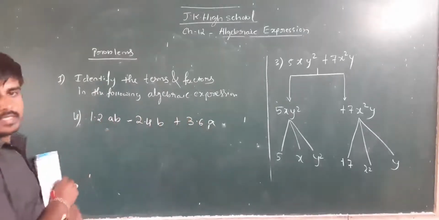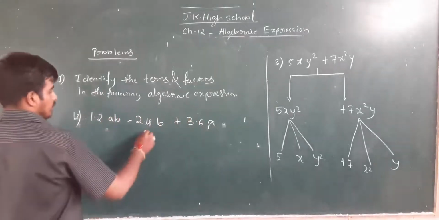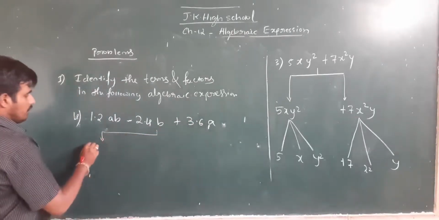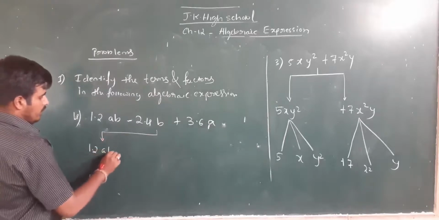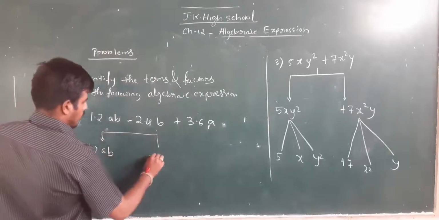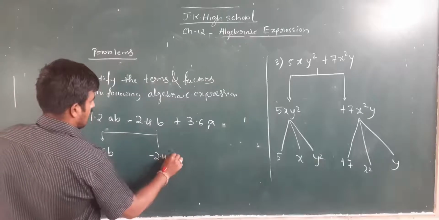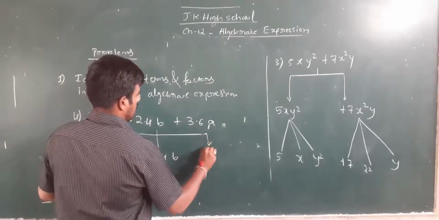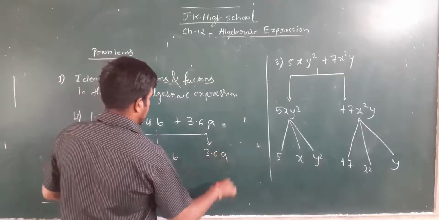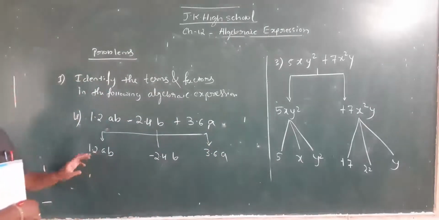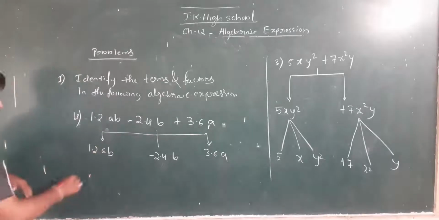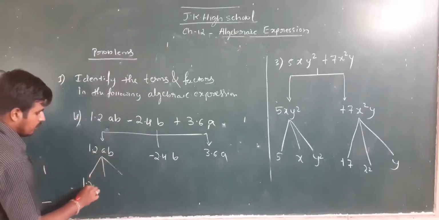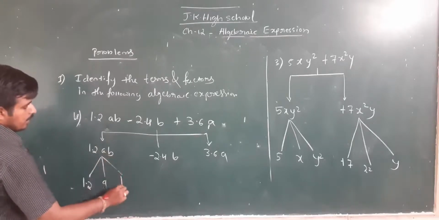So separate the terms. 1.2 a b, minus 2.4 b, and 3.6 a. The first term contains 3 factors: 1.2, a and b.